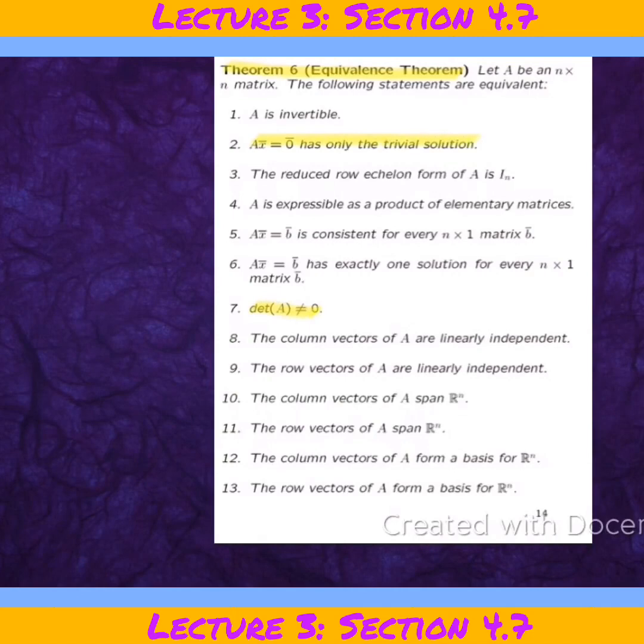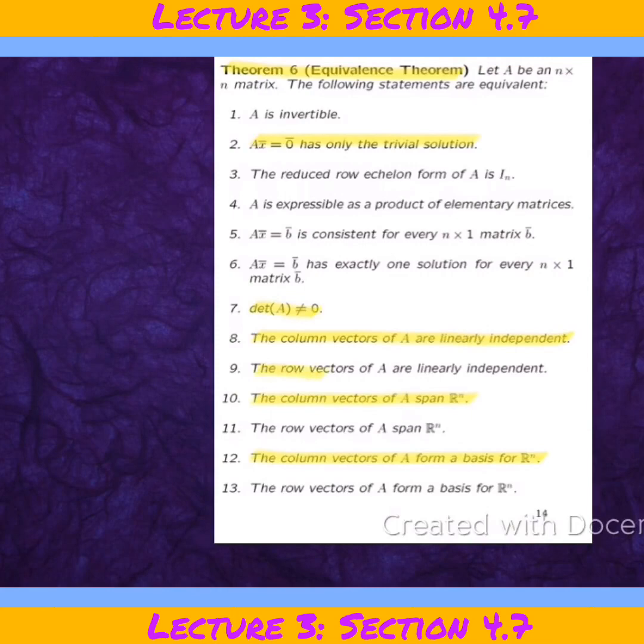In other words, first of all, the 0 matrix is in the column space of the matrix A, and the only solution there is the trivial solution for x. Therefore, that implies the column vectors of A are linearly independent. And because they are linearly independent, they also span Rn. And the column vectors of A then obviously form a basis for Rn.